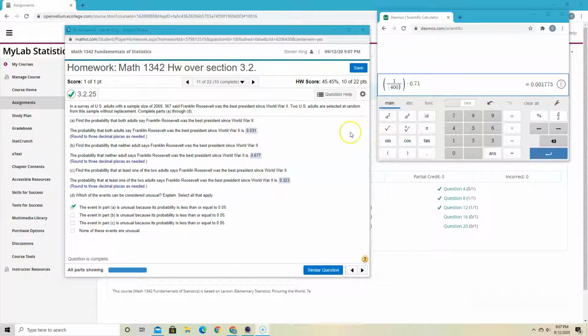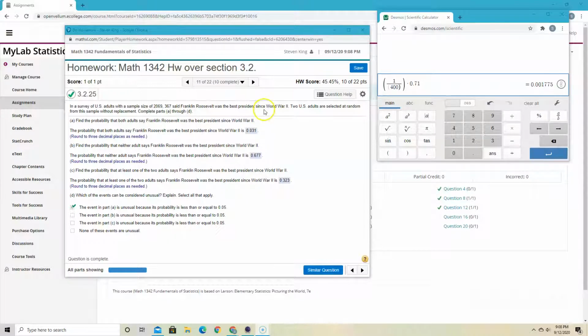So this happening twice in a row is going to be unlikely. We'll find out if it's unusual as well. Okay. Without replacement, just like with the card, you don't get to put the card back in the deck after you pick the first card out. The same idea here. They're not asking whether or not this will happen. They're asking us, what's the probability that it would happen?